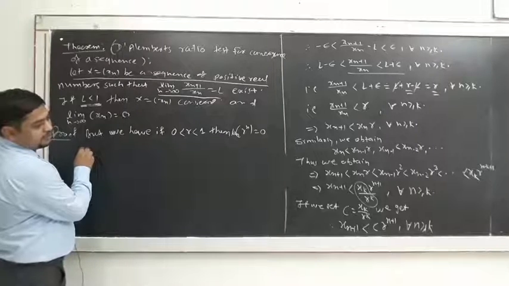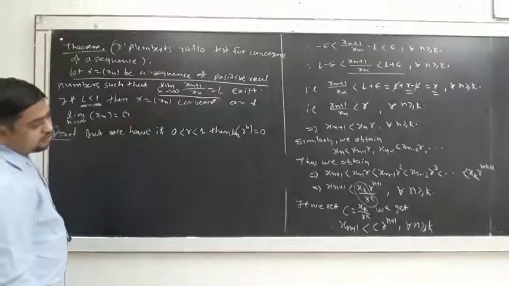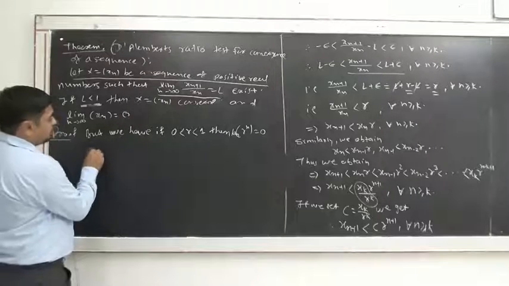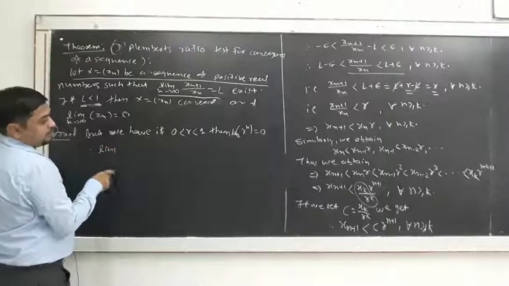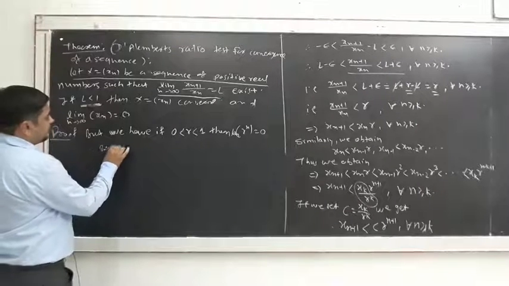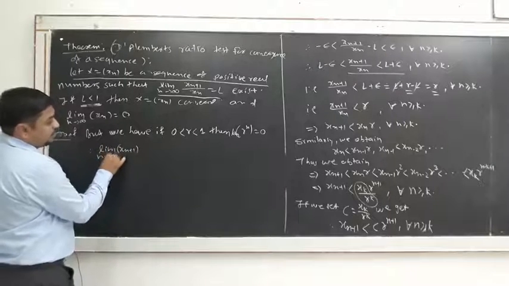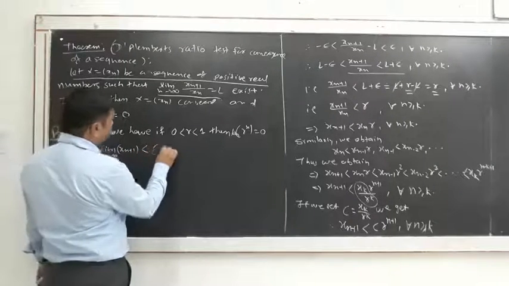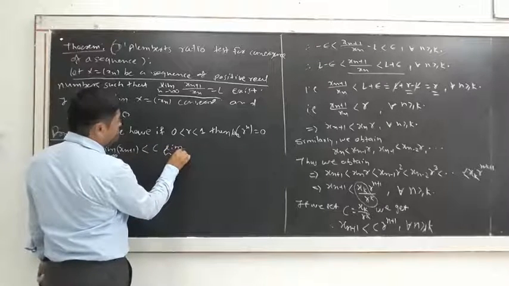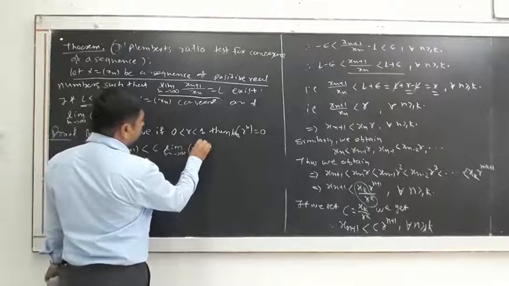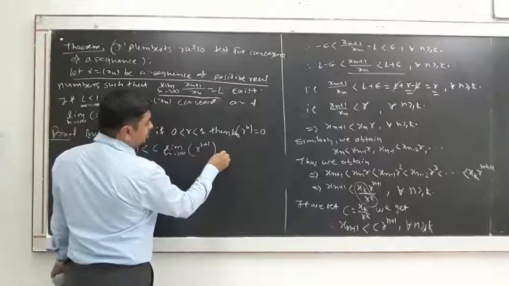And this implies that, if you take the limit on both sides, the limit as n tends to infinity of x_{n+1} is less than C into the limit as n tends to infinity of r^{n+1}.